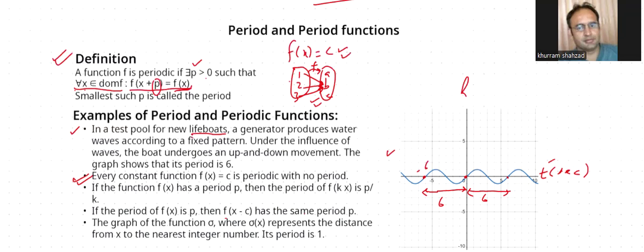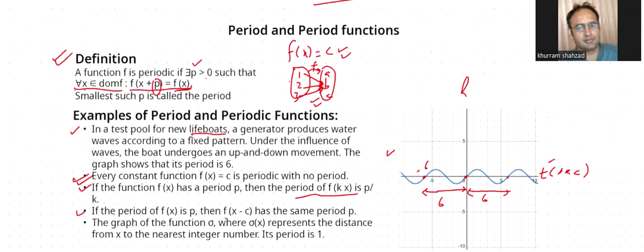Now, next, this is the example. If the period of f of x is p, then the period of f of kx is p over k.